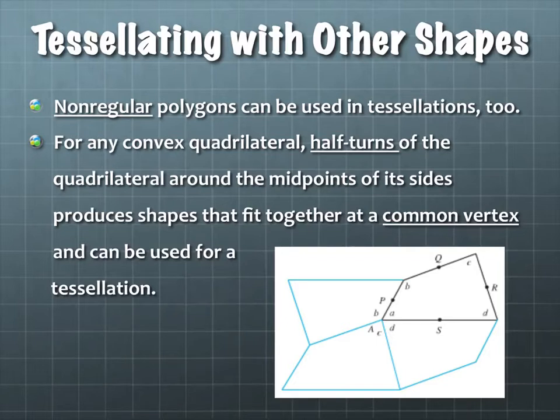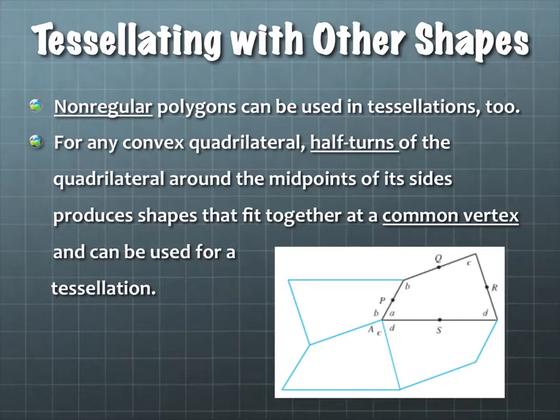For any convex quadrilateral, a 4-sided shape, if you take half turns of the shape around the midpoints of its sides, the shapes will fit together at a common vertex and can be used for tessellation. So this is kind of a funny diagram perhaps.